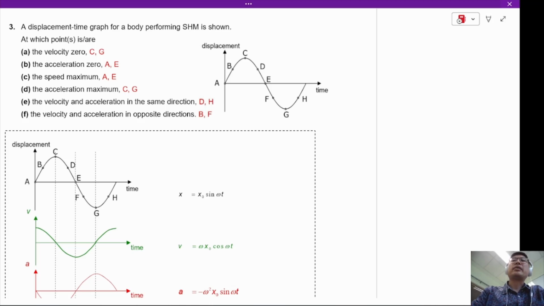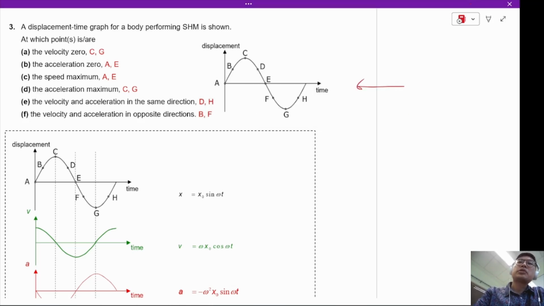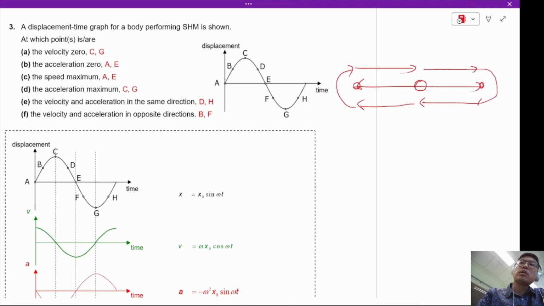So let's take a look at how an object might move in simple harmonic motion. Here is an object, and then it goes to the right, and then this is where it ends up, then it goes to the left, and then it goes to the right again. So this is how the object will move in simple harmonic motion, left, right, left, right.